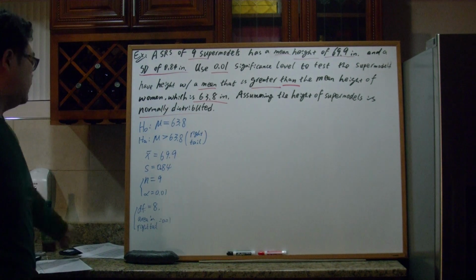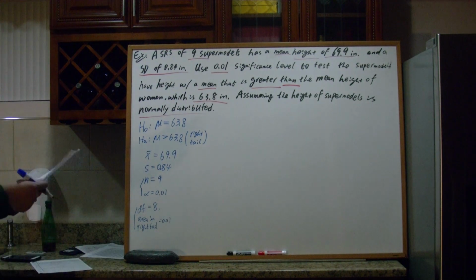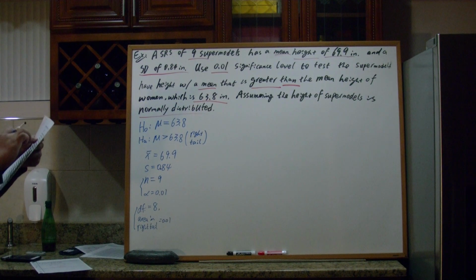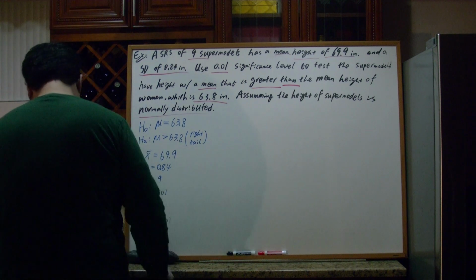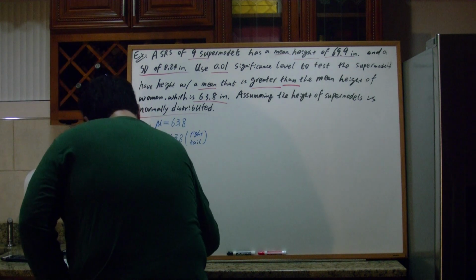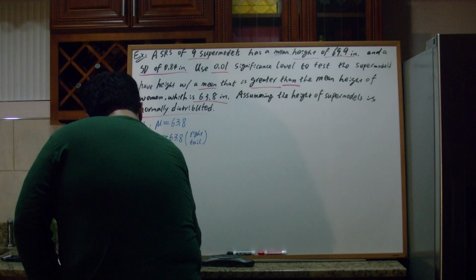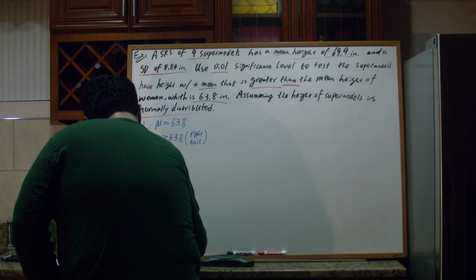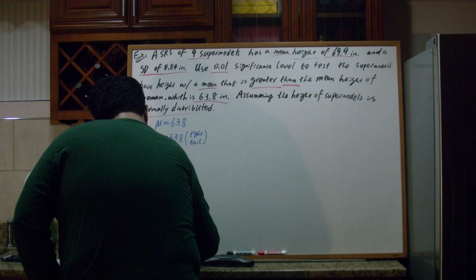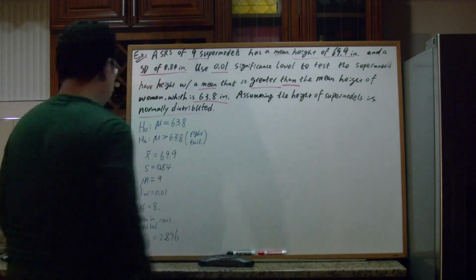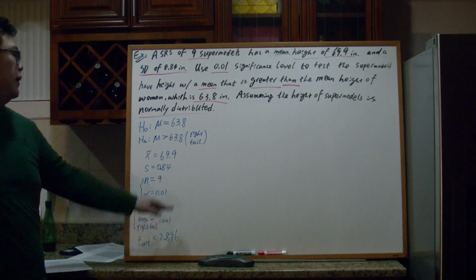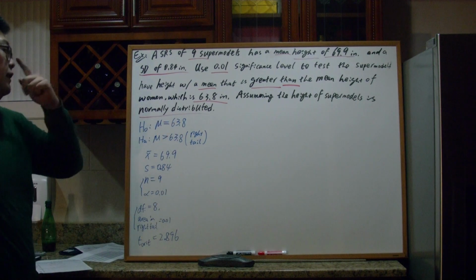Degrees of freedom is 1 less than the sample size, which is 8. Area in the right tail is 1%. We get the t-value, which is 2.896. The critical value is positive because it's the right tail test.